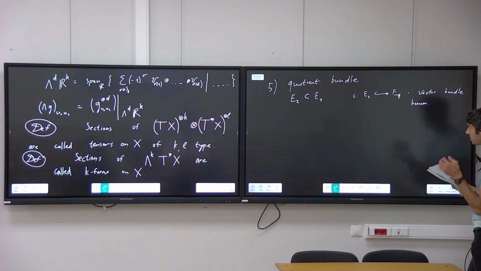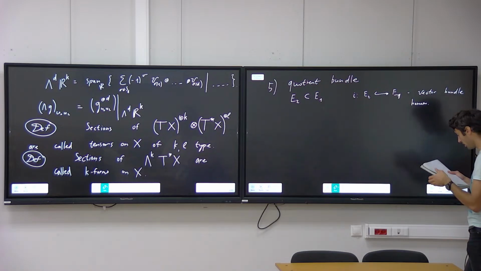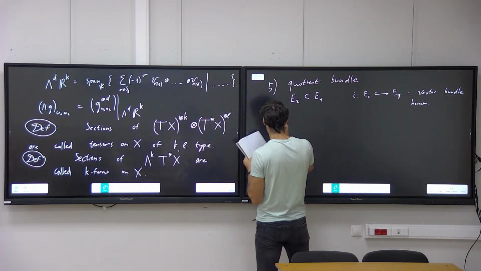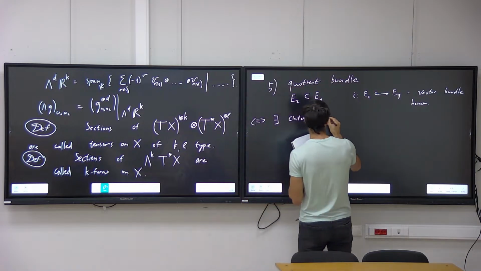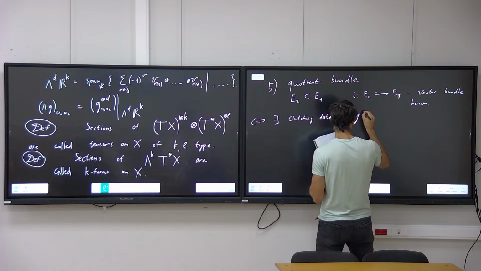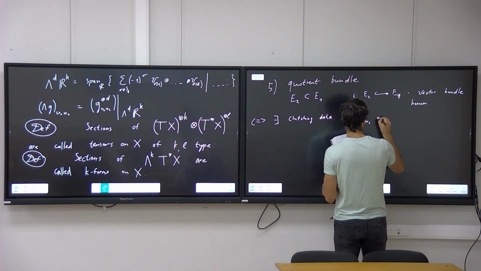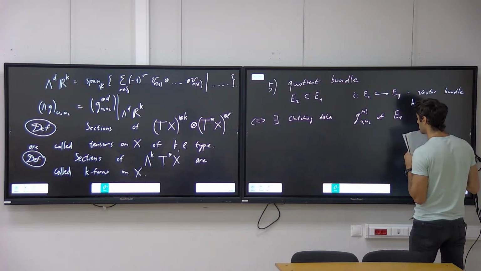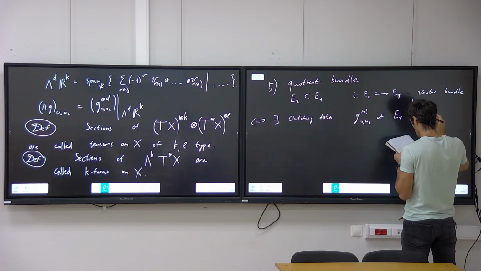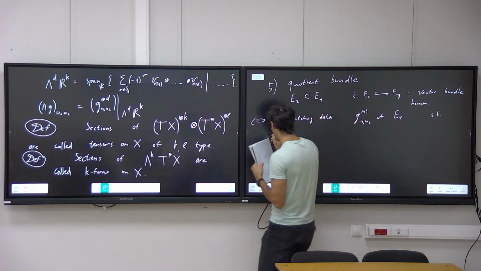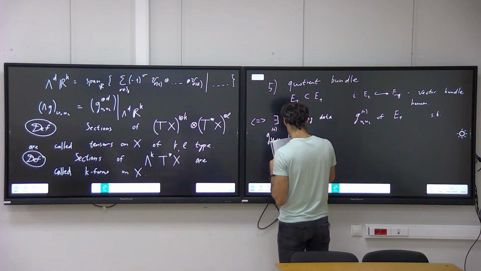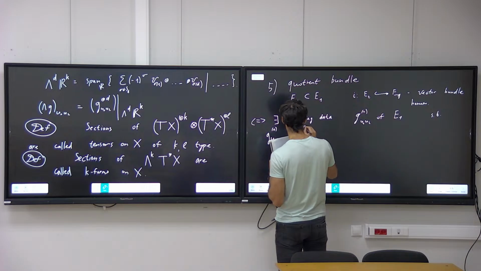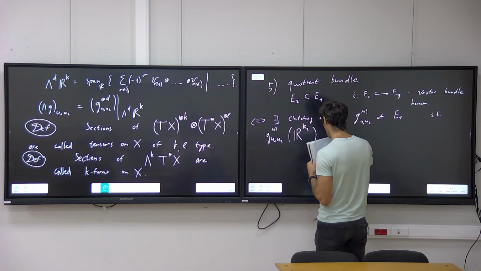Right. Now, in other words, to say that is that there exists clutching data G1, U1, U2 of E1 such that it leaves some subspace of dimension R2, well, which should be K2, invariant.